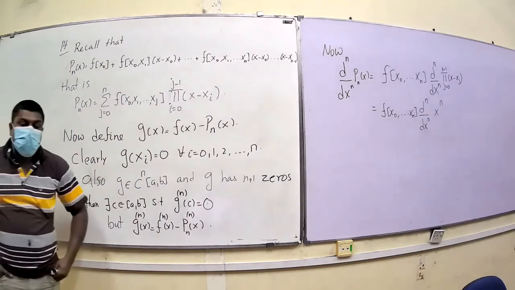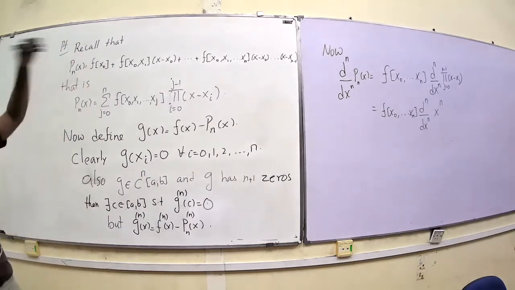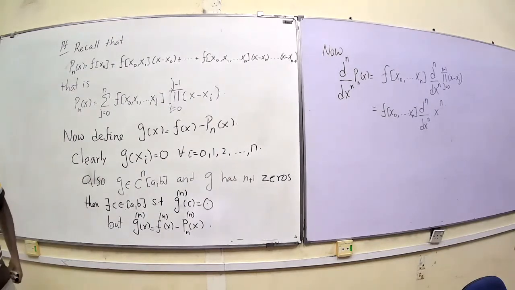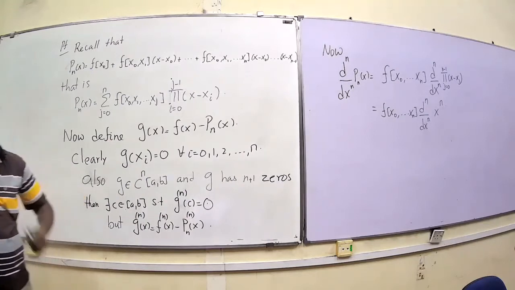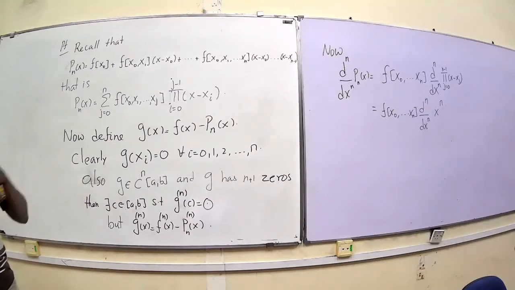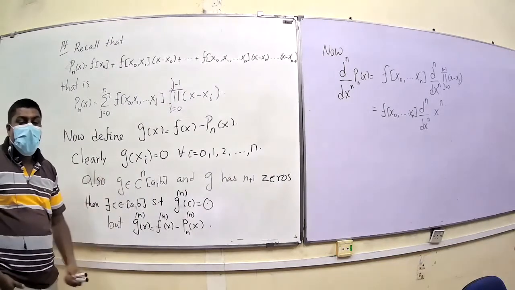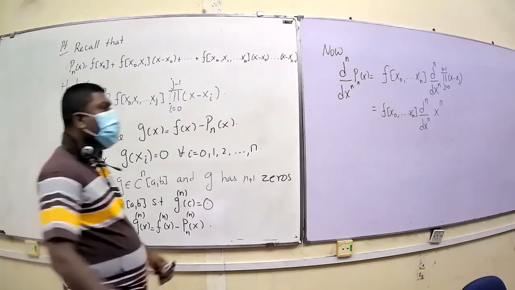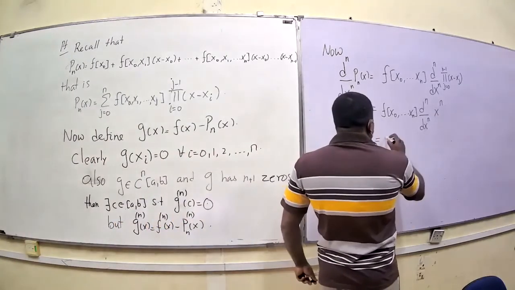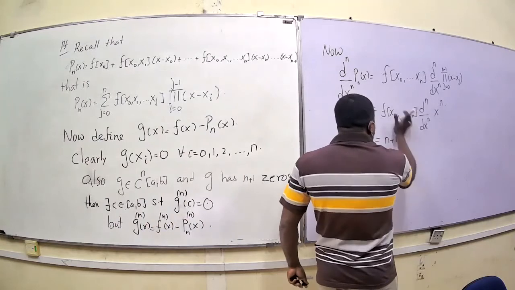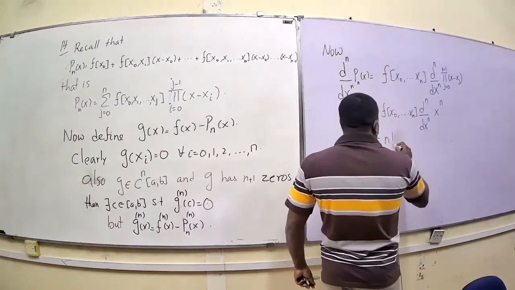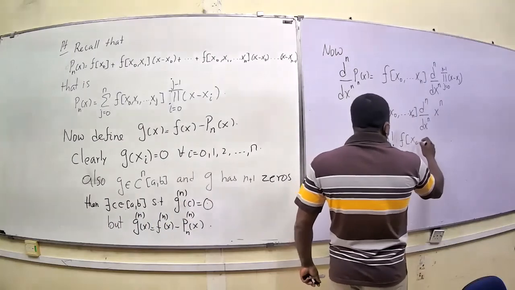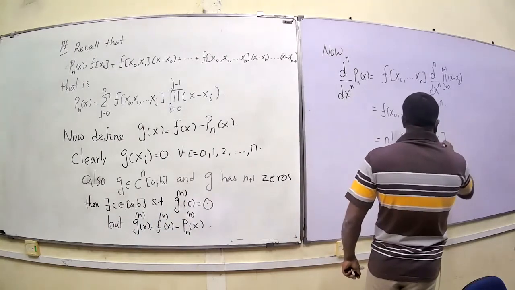So when you differentiate n times, all of them will end up with 0, except the last term. In the last term you have a maximum of x to the power n. So that is the only term which remains standing when you take the derivative up to n times. All the other powers will vanish. So the coefficient is there, you pull that out, and you take this to the n plus 1 derivative. So that is basically n factorial times f of x0 up to xn.